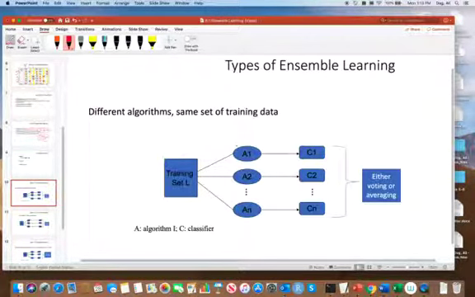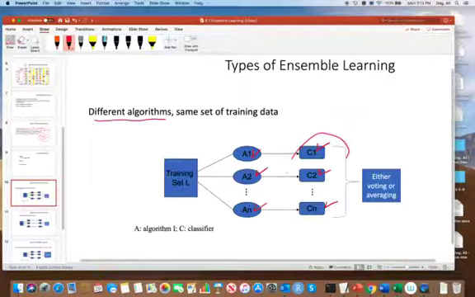Basically, the first one is different algorithms, with the same set of training data. That means the same data. Algorithm 1 has an answer, or classification, right? Algorithm 2 has a class. Algorithm N has a class.